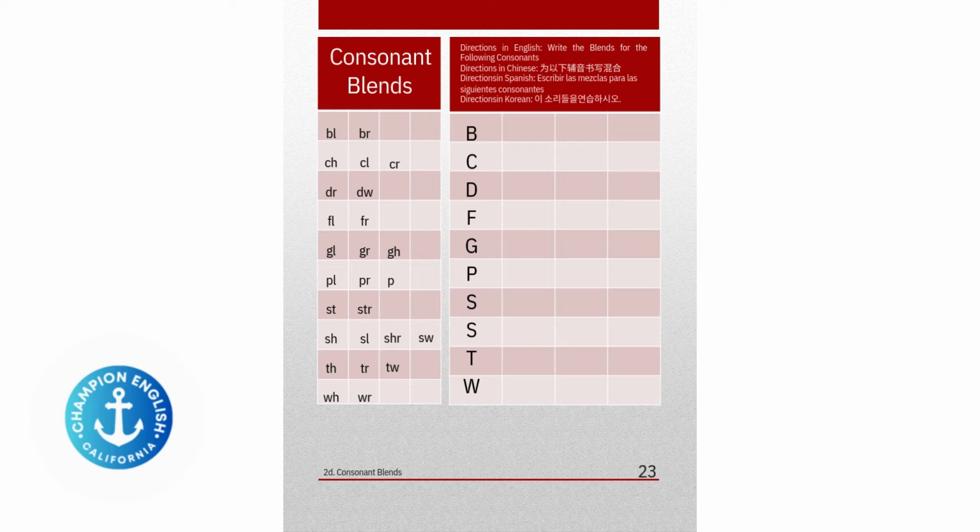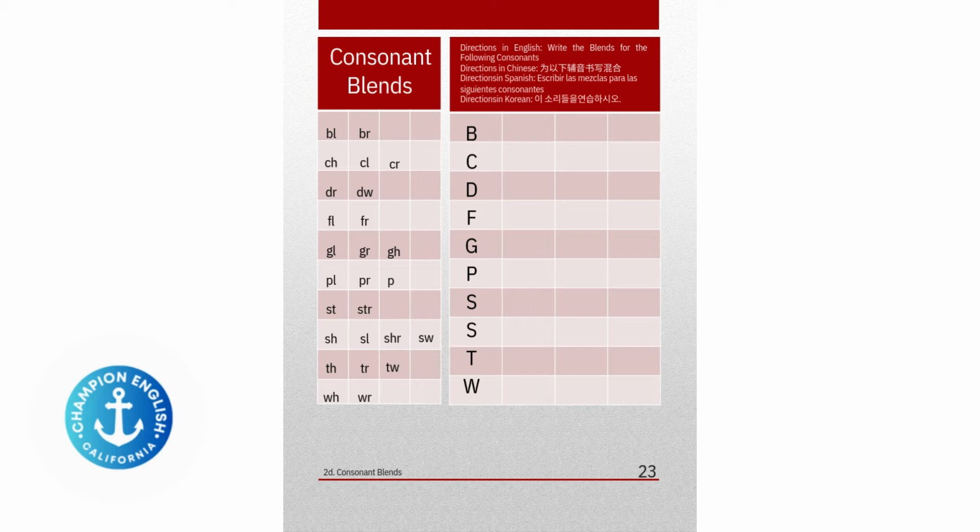And then for C, we have 3 sounds. We have ch, cl, and cr. So please write your sounds for that letter. And then we have for the D, the D has two major sounds, which are dr and dwa.